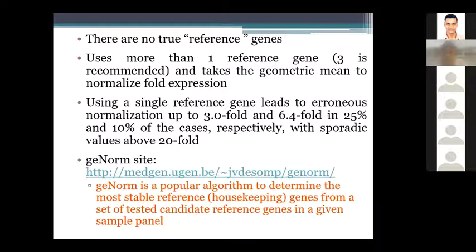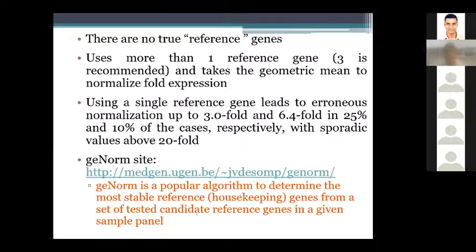Some reference genes, for example GAPDH, also change when we apply different treatments, for example LH treatment, FSH treatment. It also influences and increases the number of mitochondria. So the number of mitochondria is increasing, ultimately increasing the GAPDH expression also.